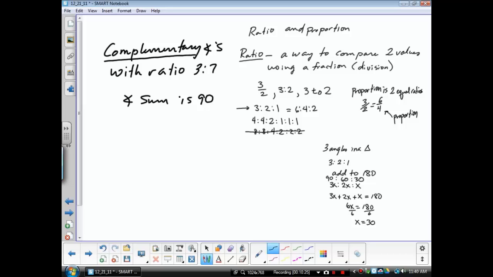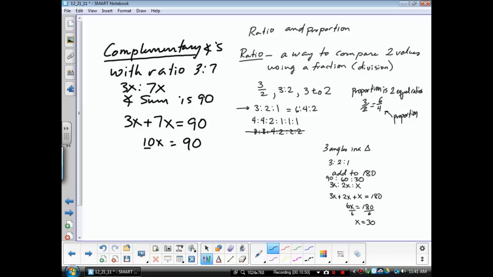So since it reduces to 3 to 7, let's say we reduced it by a factor of x. So the actual ratio is 3x to 7x. Which means when I add these actual numbers, I get 10x equals 90.